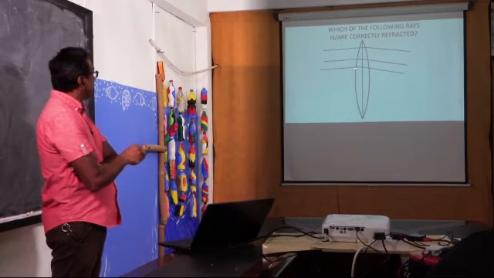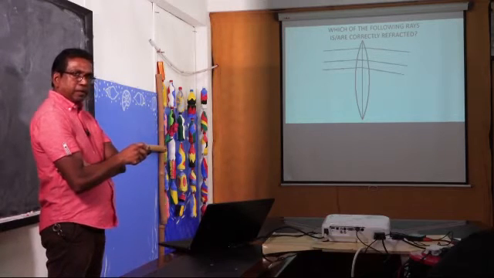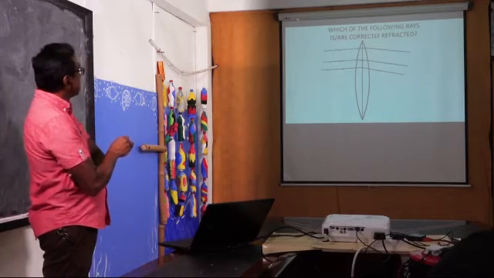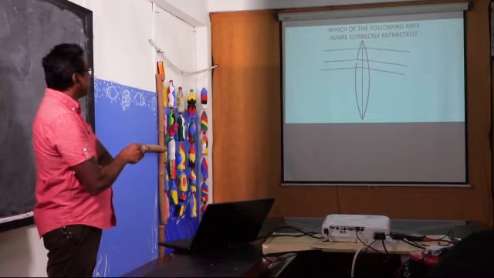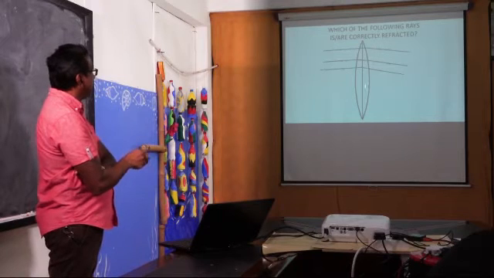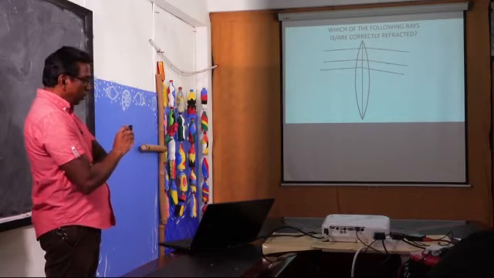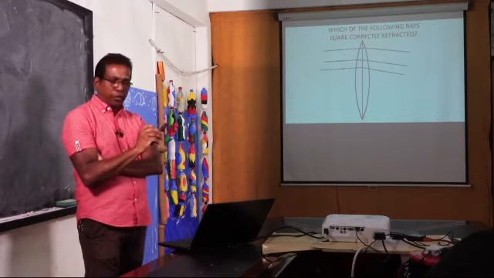This one is going straight to the mid-vertical line and then is refracted. This line is going up to the other edge of the lens and then is refracted. This one starts refracting as it enters the lens and then it refracts again. This one is going straight to the midline and then is refracted. Which one or which are correct?